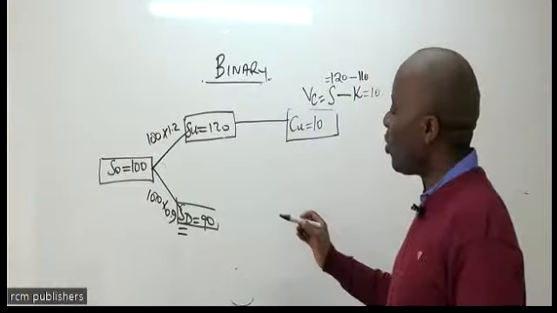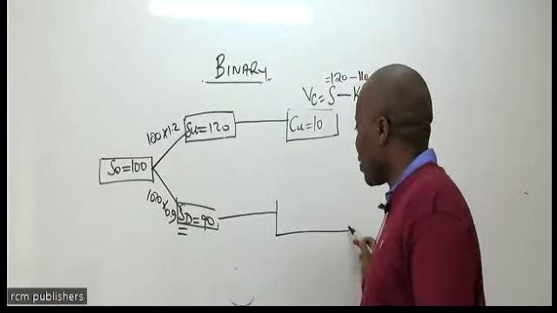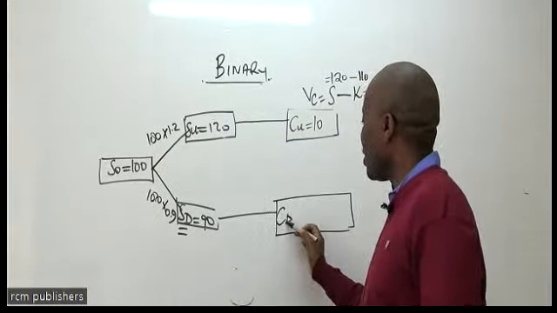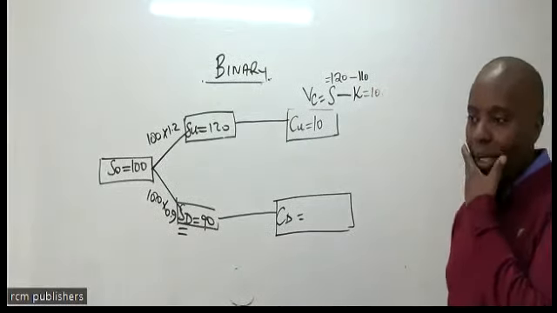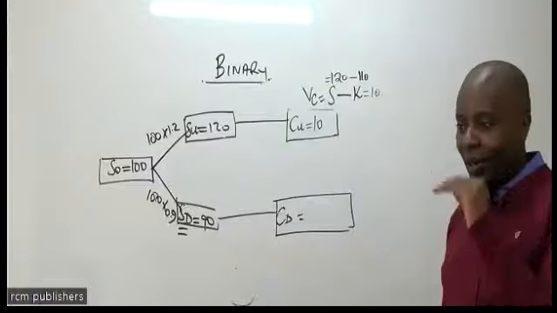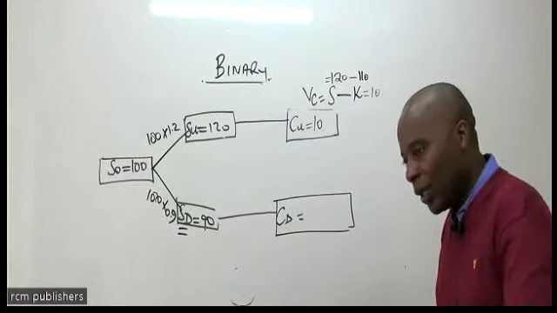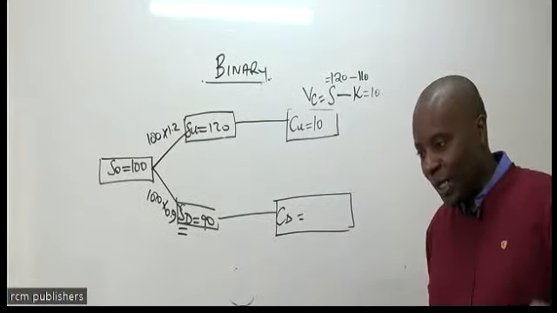Now, how about this option here? If things don't work out, could you kindly tell me, in this case here, what will be the call value, CD? The call value, if we have a downward, minus 20, thank you so much.